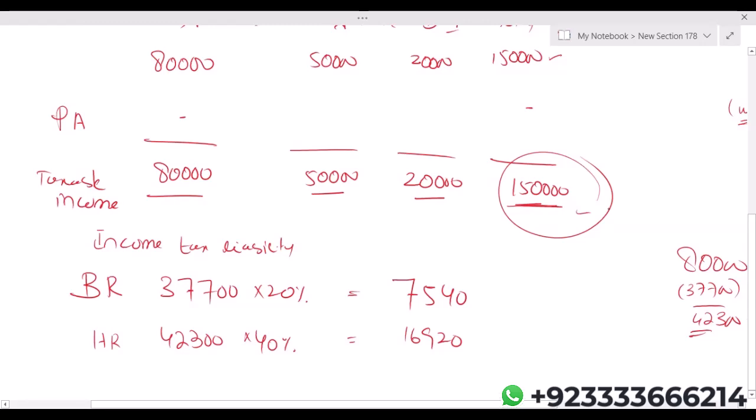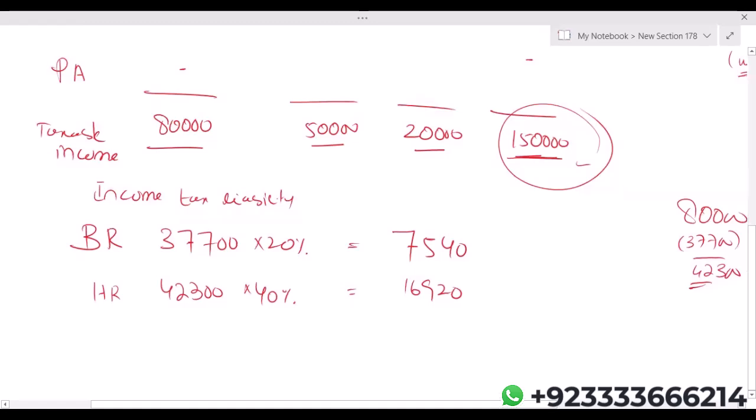Whoever is an additional rate taxpayer will not get nil rate band for the saving income. Is this clear to everyone? Please reply in the chat box. For the saving income, no nil rate band.